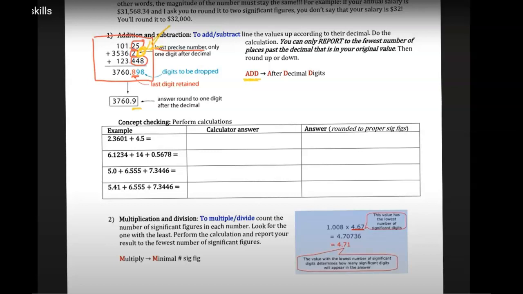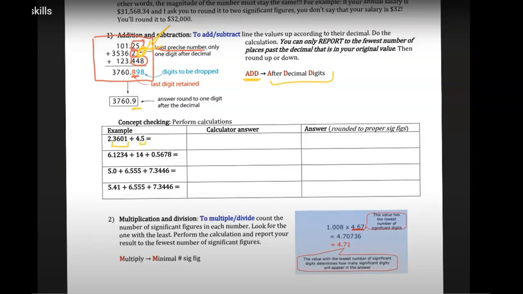So when you add, you look at the places after the decimal point, right? So for example, here we're adding those numbers. Look, we have this number that has 4 places after the decimal point versus the second number has only 1. That means that your answer is going to have only 1 after the decimal point.